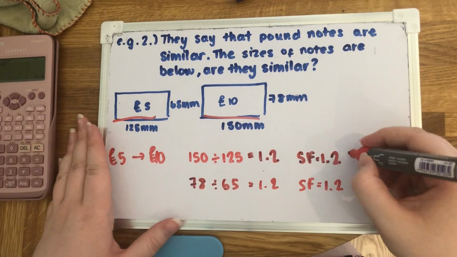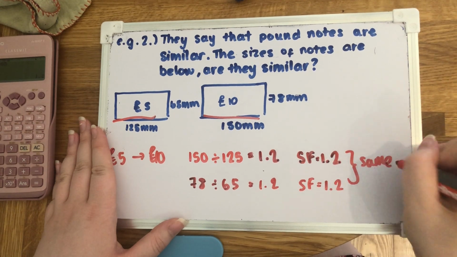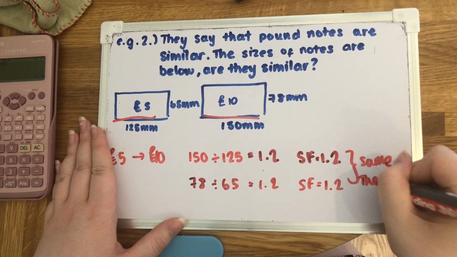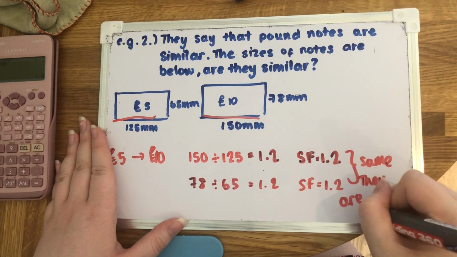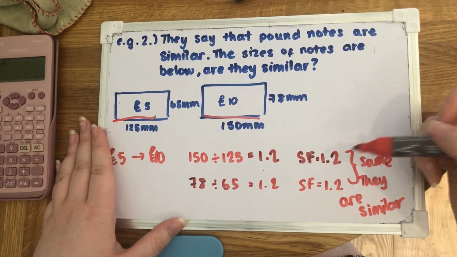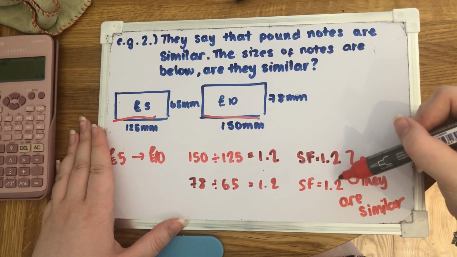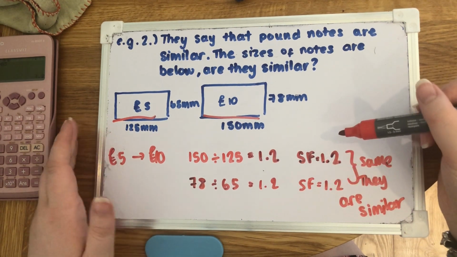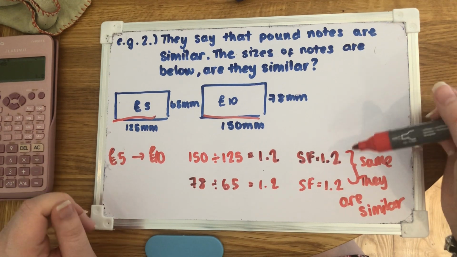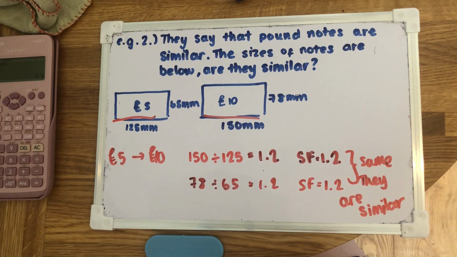Now because the scale factors are the same, they are similar. If I got, for example, 1.3 there instead of 1.2, because the scale factors are different, it means that they're not the same because the heights will be getting bigger quicker than the bases. So that's how you would do the scale factor bit.